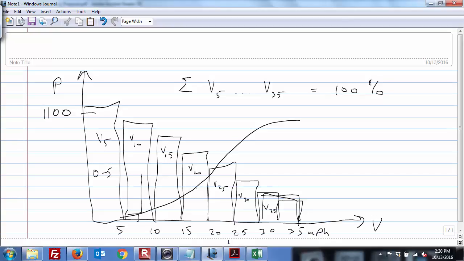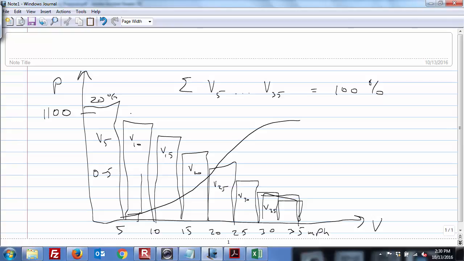So, for example, what's a good round number? If this is 20% of the time, the wind is blowing between 0 and 5 miles per hour. Well, you're going to multiply that by 0 because your turbine doesn't function at that rate, right?